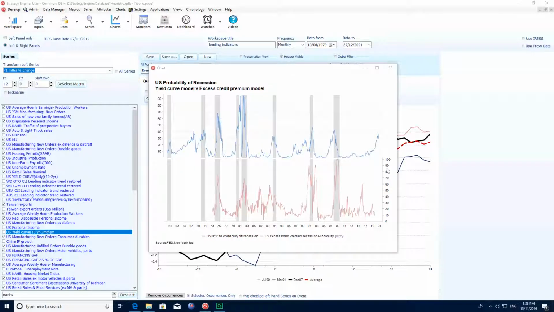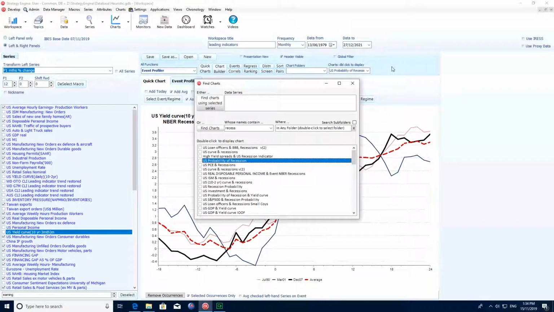To some extent, just as the yield curve may be downplayed by some, this credit spread premium model could be downplayed on the basis that investors are chasing yield, leading to a sharper reading than might be more accurate in terms of recession probability, so spreads coming in quite sharply. So that's certainly not pointing to a recession risk at the moment.